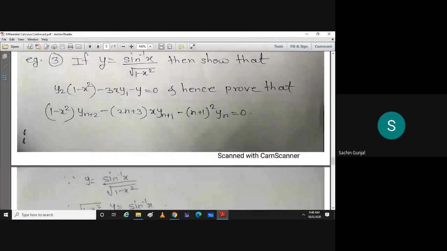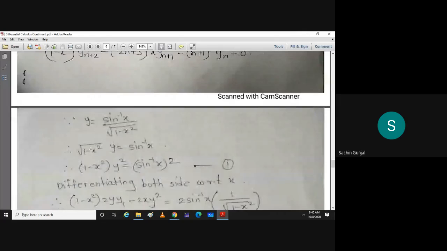So that will become under root 1 minus x square into y equal to sine inverse x. Now you have two choices. You can differentiate this expression directly, or you can get rid of this square root. The choice is yours.